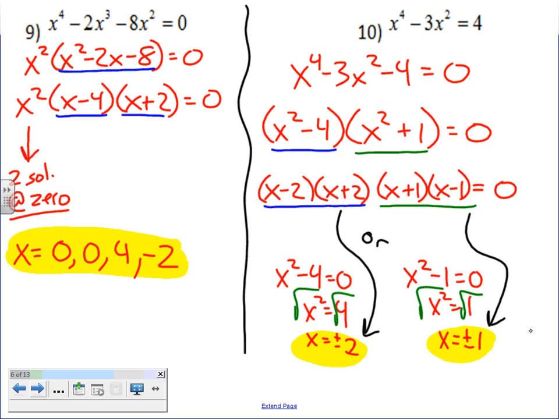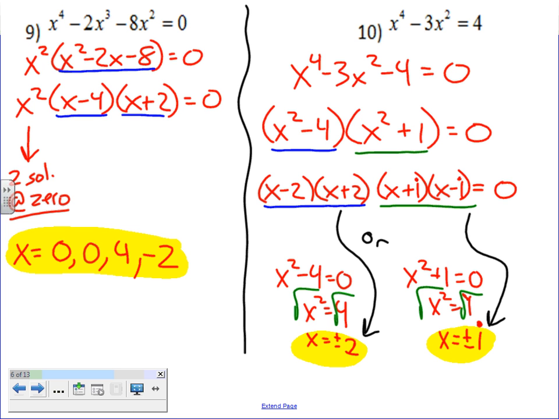What we have here now, next one is, again, factoring like a quadratic. And then, again, breaking them down. Now notice here, when we have x squared plus 1, what we have here is x plus i and x minus i. So what happens here is this is a positive 1. And when you take the square root of negative 1, what we're going to have is positive and negative i.